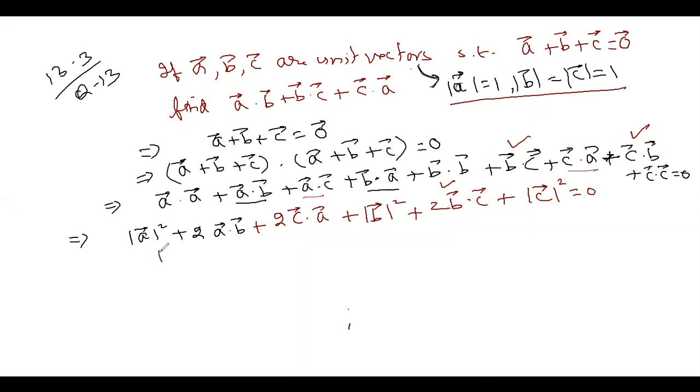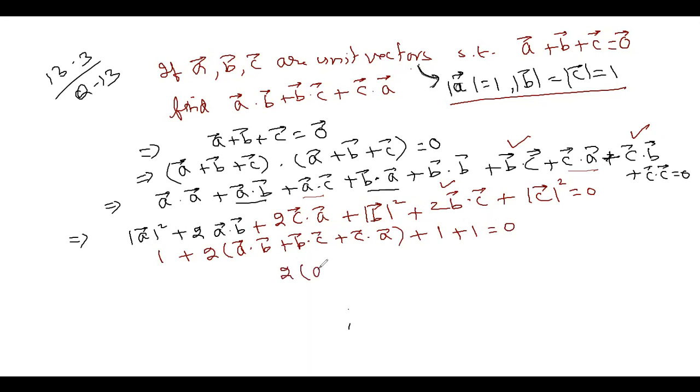So here we will put 1, plus 2 times, taking 2 out, A dot B plus B dot C plus C dot A, plus magnitude of B squared is 1, C squared is 1, so 1 plus 1 plus 1 is equal to 3.